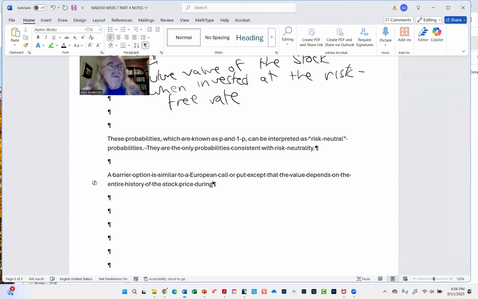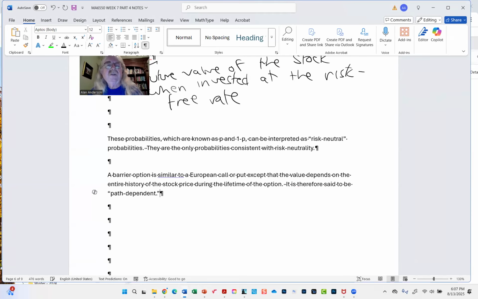Not just what it is equal to at the maturity date, but the entire history during the lifetime of the option. It is therefore said to be path dependent.